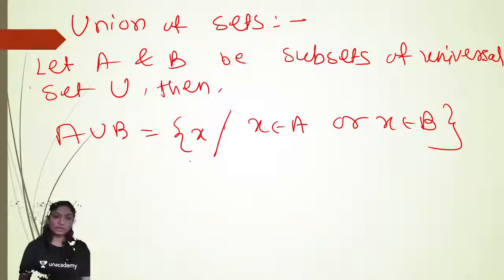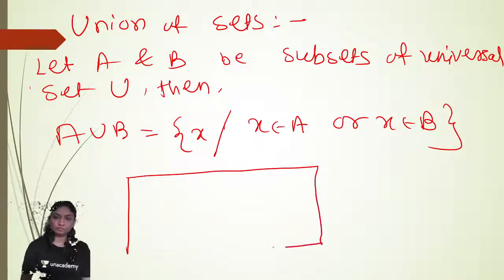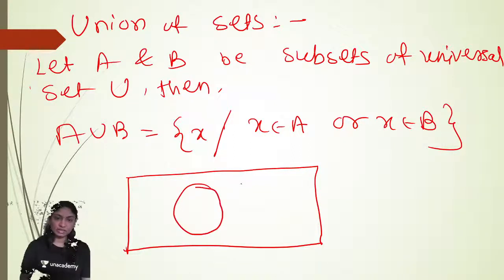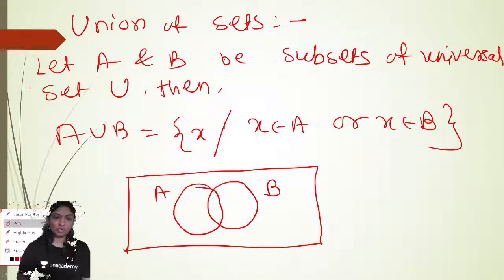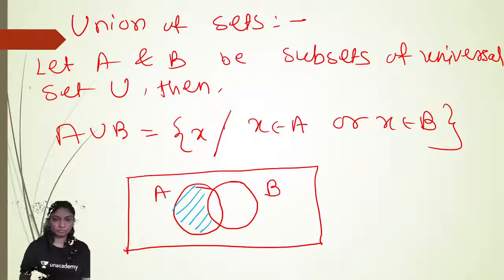We can denote it by the Venn diagram. See here. Suppose this is your set A, this is your set B. Then we can denote the union of these two sets by the shaded portion, all the elements contained in both the sets.